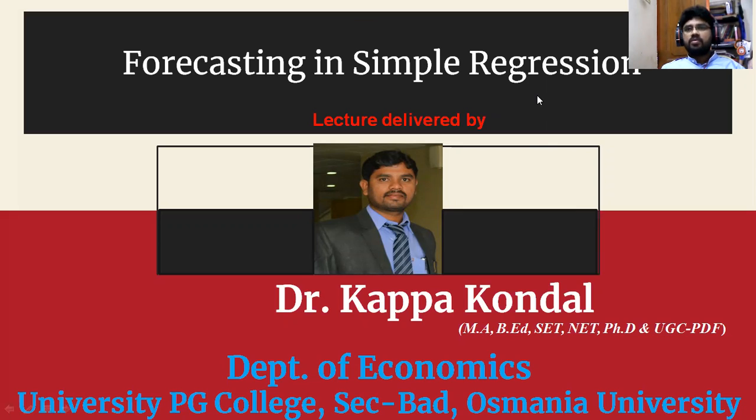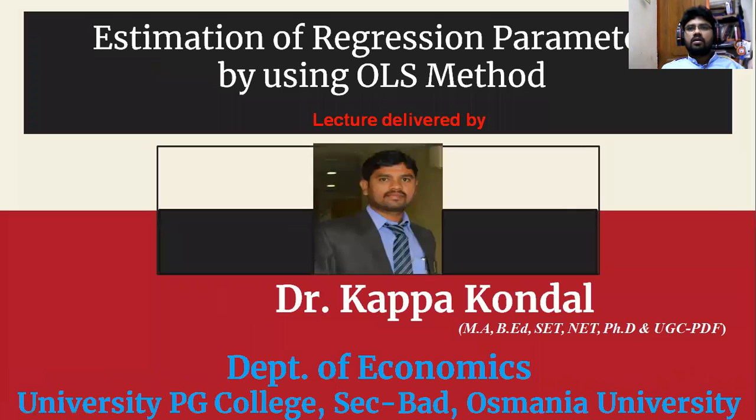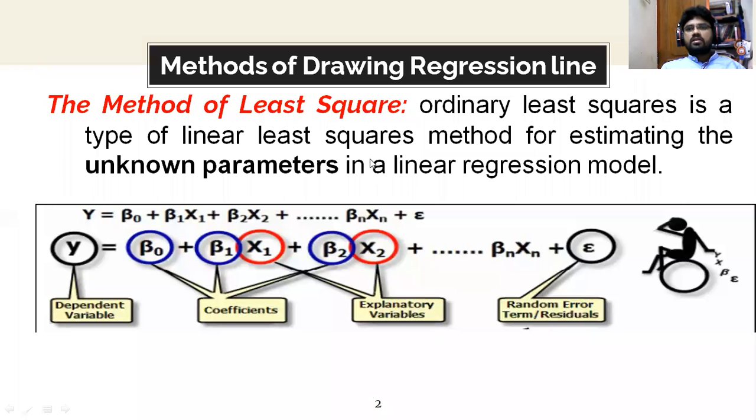So I'm going to show what we discussed in the previous classes. As you know, the regression equation, here a multiple regression, is y equals beta 0 plus beta 1 x1 plus beta 2 x2 plus up to beta n xn plus epsilon.